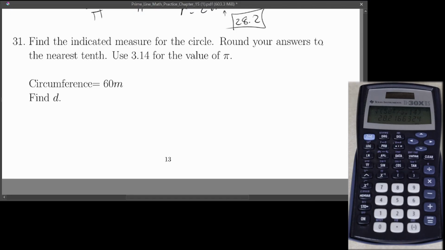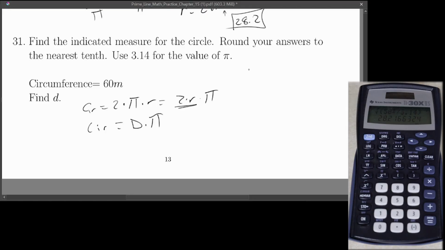Circumference is 60 millimeters, and we want to find the diameter. So remember that our circumference is equal to 2 times pi times the radius. We could rearrange that as 2 times radius times pi, and this is the diameter, so that is the same as the diameter times pi is our circumference.